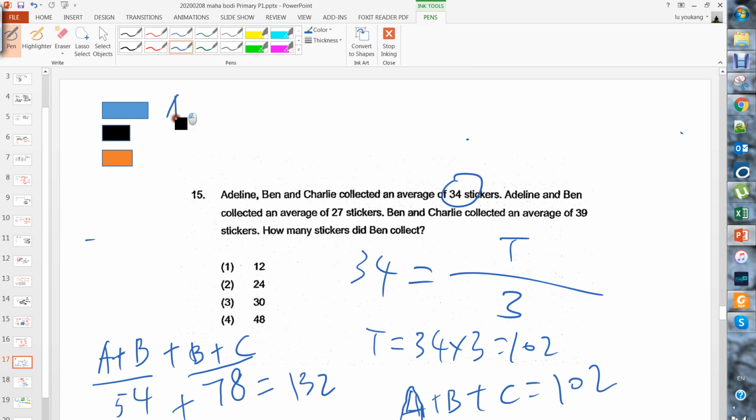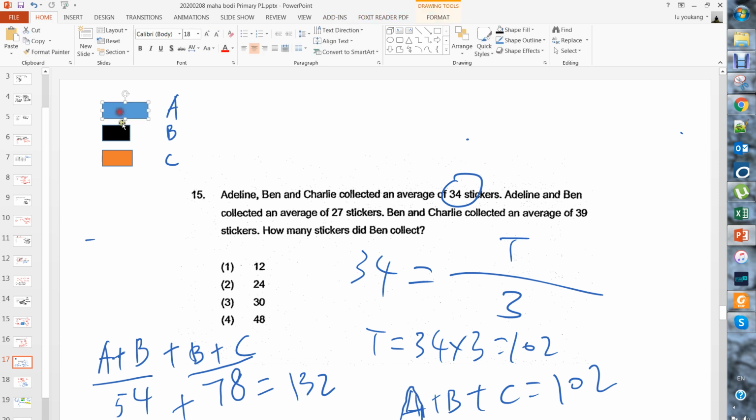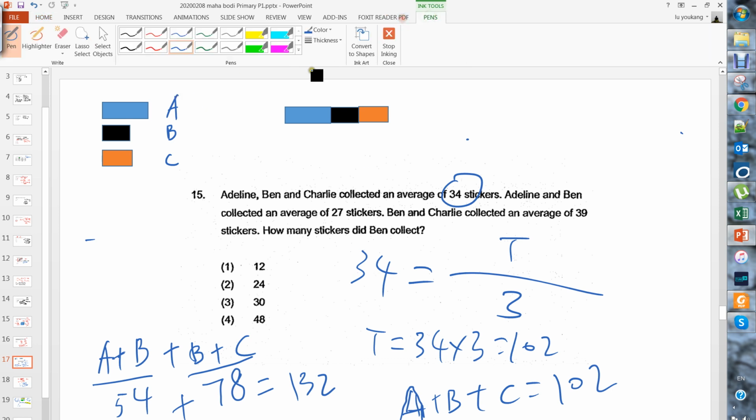So let's say this is my A, this is my B, this is my C. Okay? So now A plus B plus C. How much is A plus B plus C? Point. Tell me. 102. Very good. So that means this thing is 102.